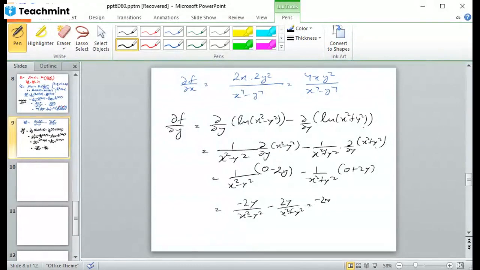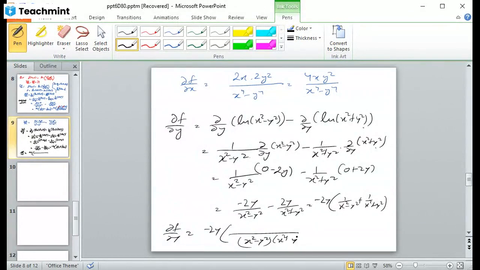So if I take minus 2y common, basically it is the sum of these two functions. So what is the value of ∂f/∂y? So minus 2y, and here if we take the LCM, x² minus y² plus x² plus y². Here the y² gets cancelled out, so x² plus x² is 2x².